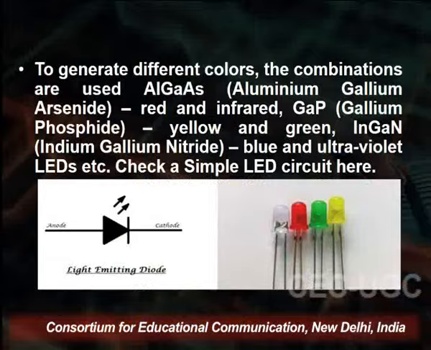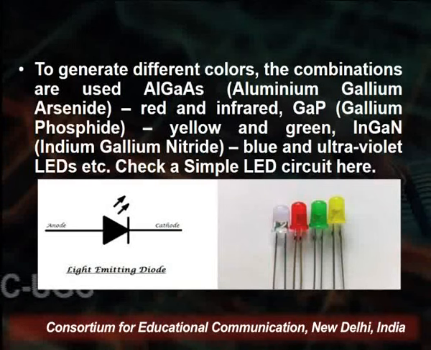To generate the different colors, different combinations are used. Aluminum gallium arsenide produces red and infrared. If we use gallium phosphide, we get yellow and green, and with indium gallium nitride, we can get blue and ultraviolet LEDs.